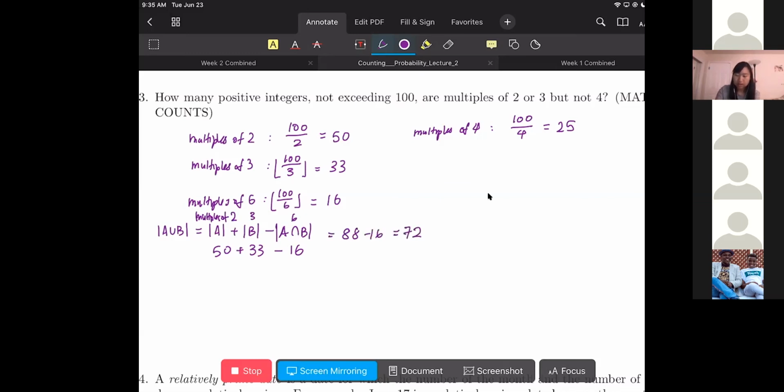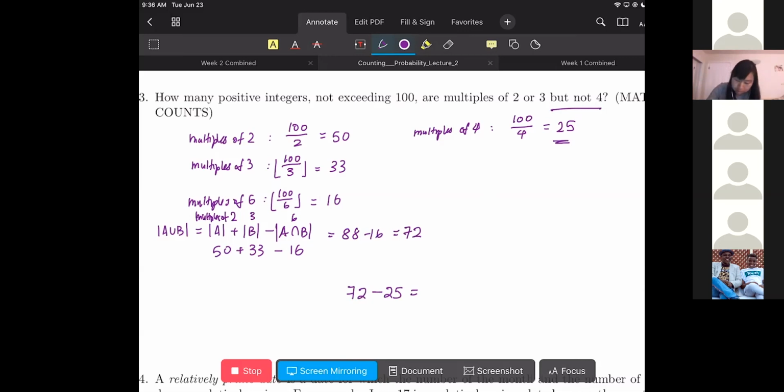And then we have this part that says, but not 4. So now we also have to subtract out 25. So our final answer is 72 minus 25, which gives us, I think I did something wrong. No, 83 minus 16 will give you 67.